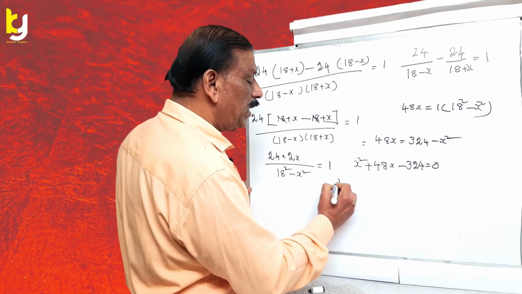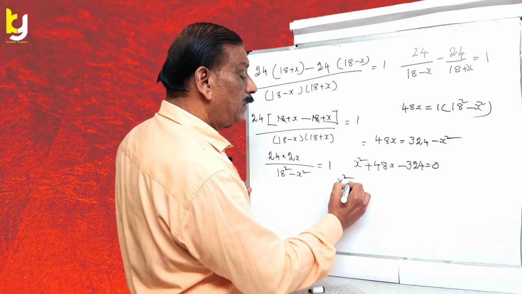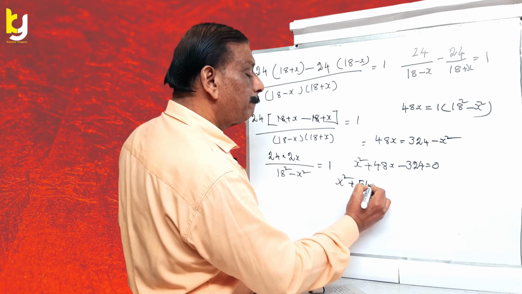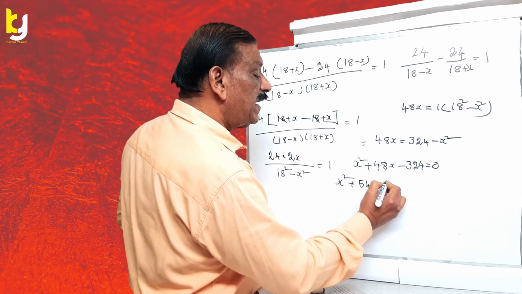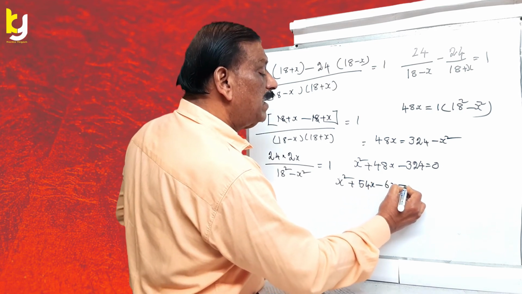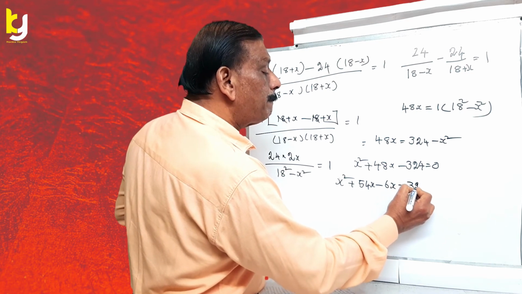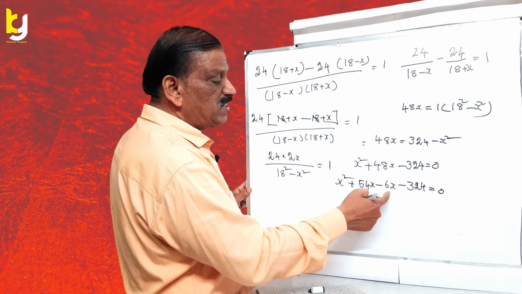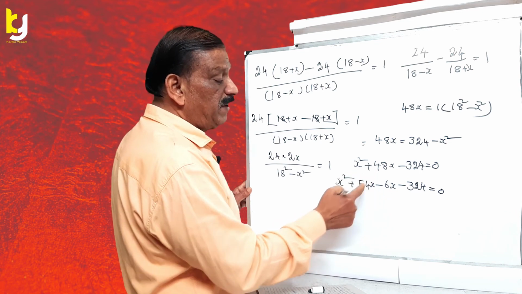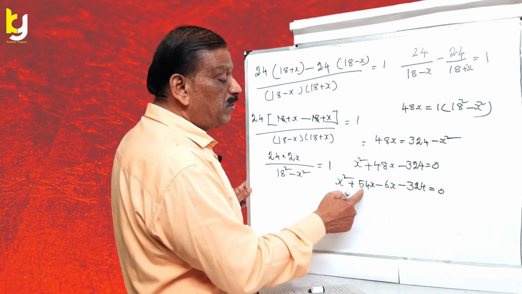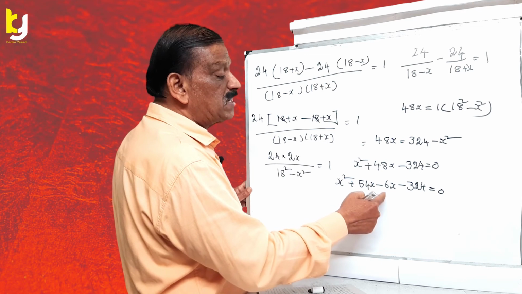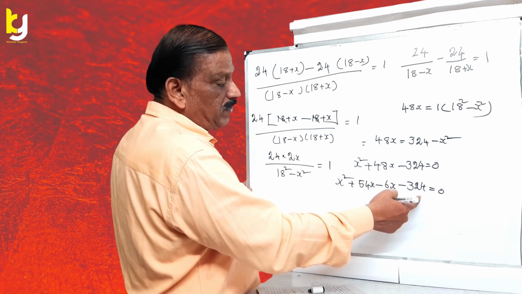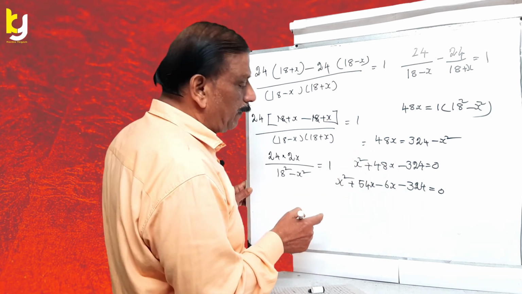Therefore, x square plus 54x minus 6x minus 324 equal to 0. When we add 54x minus 6x, it will be 48x. When we multiply 54x into minus 6x, it will be minus 324 x square.